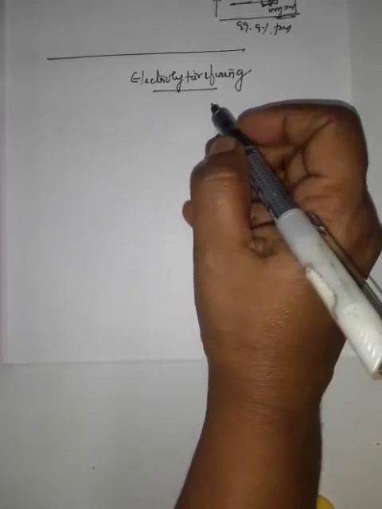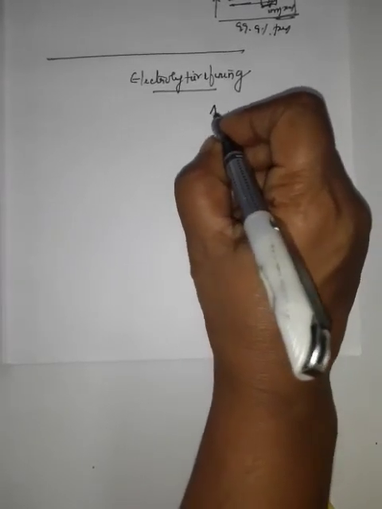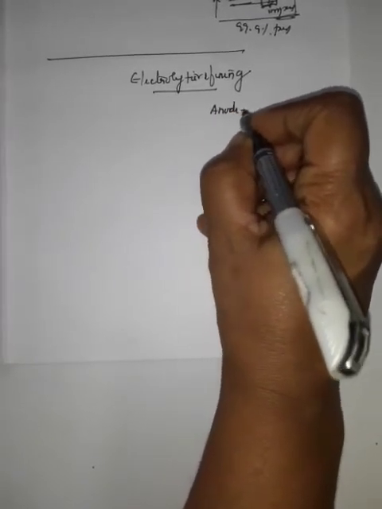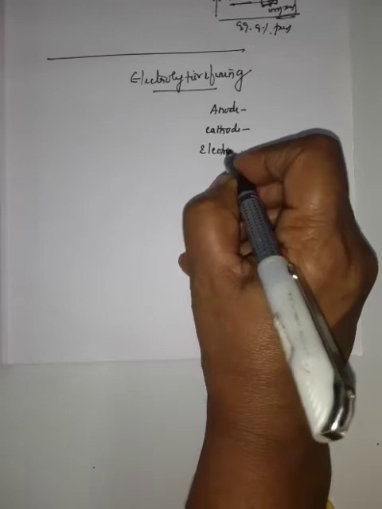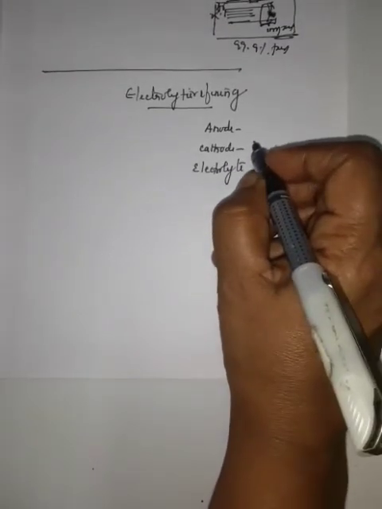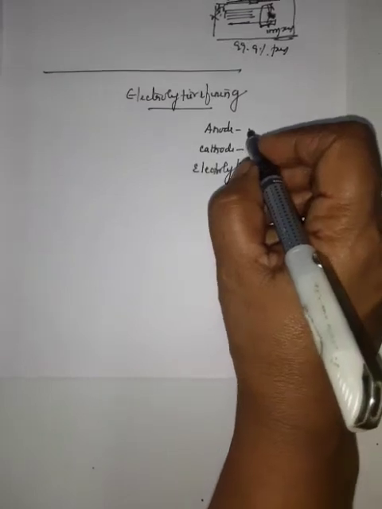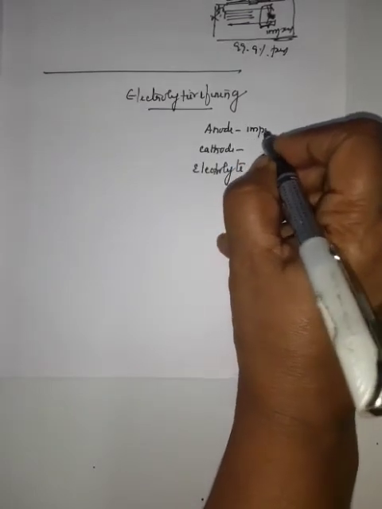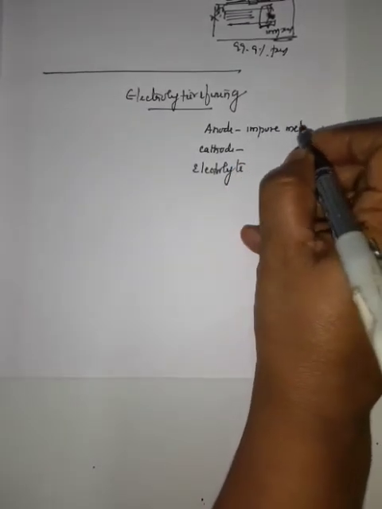So for electrolysis, generally we need anode, cathode, electrolyte. Anode is always the impure metal, taken in the form of a rod.